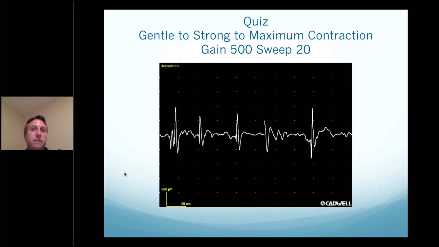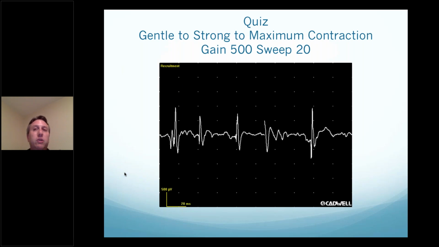Again, it's very hard to get full interference, even on some of the normals, by the way. On all these recordings, all the normals I recorded myself. So it's hard even for a non-impaired person to get full recruitment of certain muscles, because if the muscle is very big, the muscle fibers are spaced out.